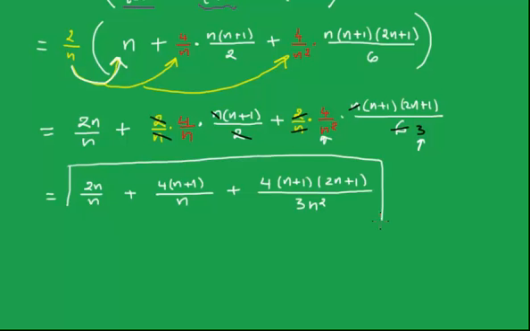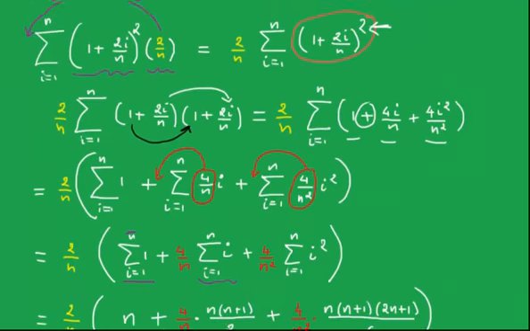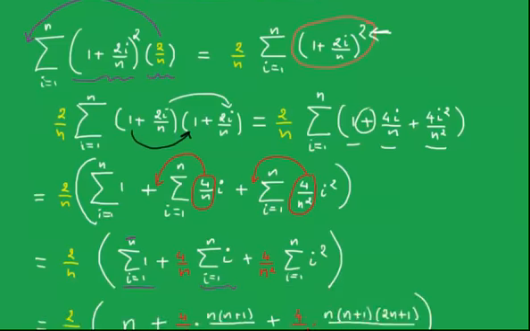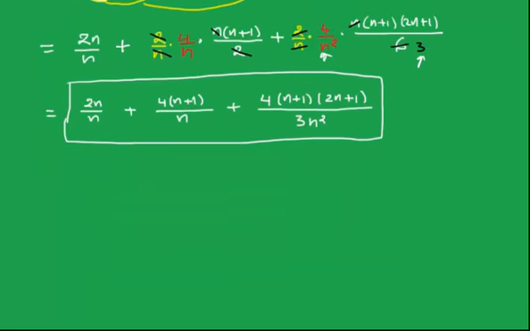Why can I stop here? Because remember, we've done a lot of computations here, but let's not lose sight of the fact that we wanted to compute a limit. So let's compute the limit of this term.